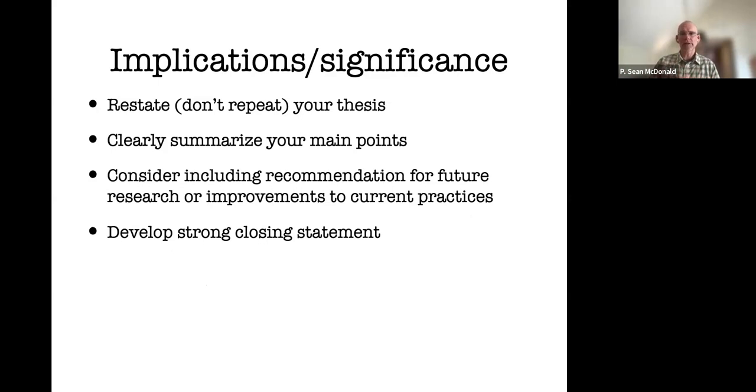But don't forget to come up with some sort of strong closing statement. You don't want to just drop off at the end. Come up with something that ties it all together. Sometimes a quote can be useful for that, a quote from someone famous or one of your interviewees. There's lots of different ways that you can do that, but try to come up with some way to tie it all together.